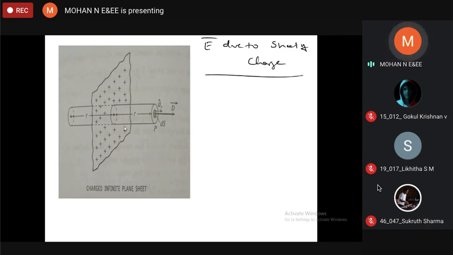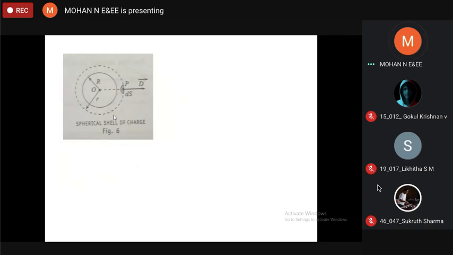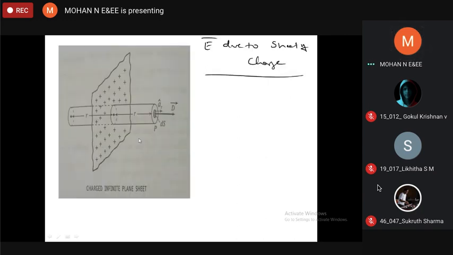For that, we are again assuming a cylindrical surface like this, with both ends closed. Here, just follow me. The length r is symmetrically stretched on both sides. From this point onwards to the left side it is r, and from this point onwards to the right it is r.